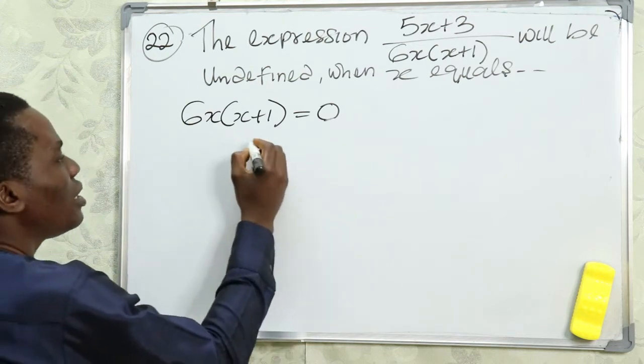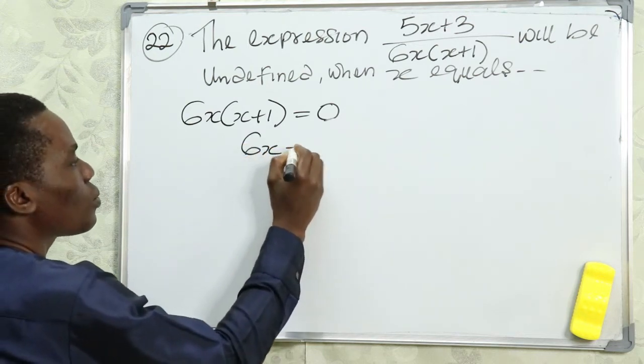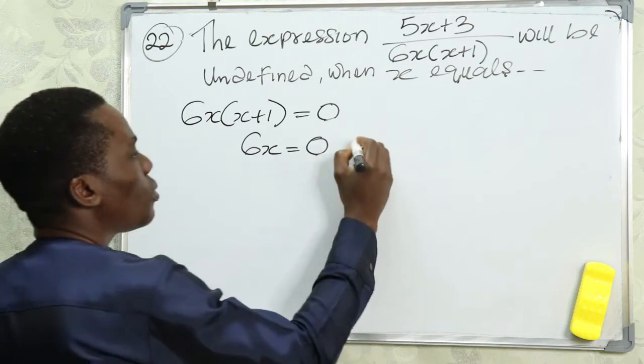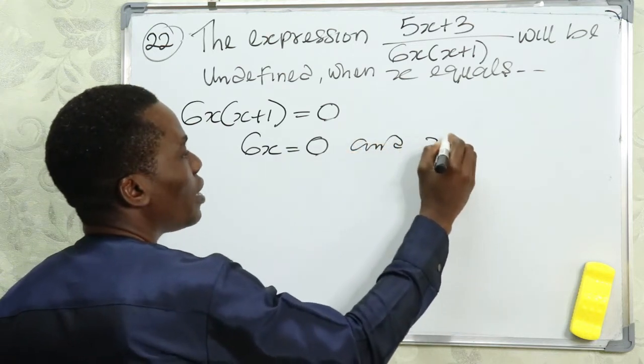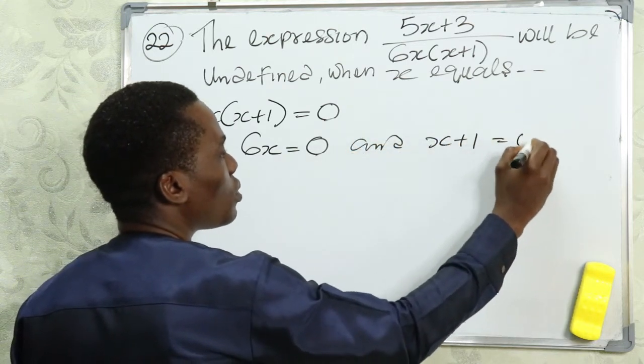So expanding this further, we'll have 6x equal to 0, and x plus 1 equal to 0.